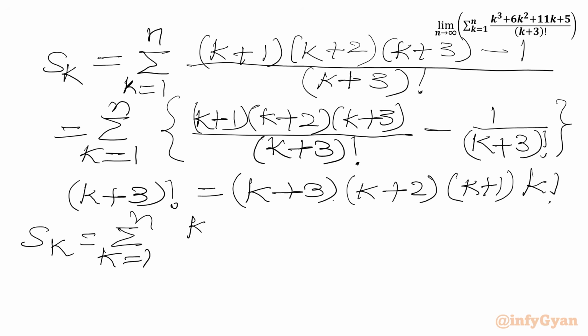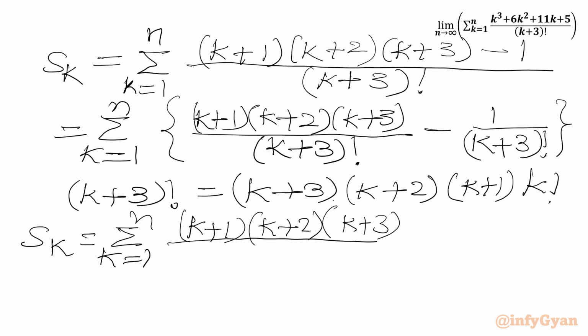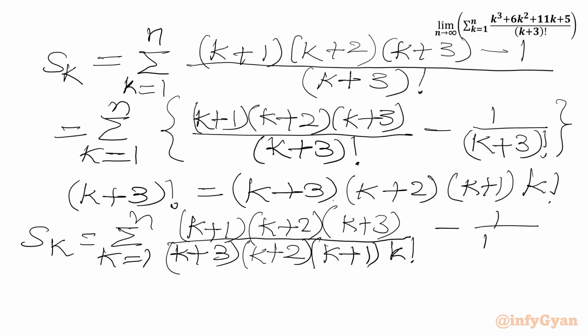We'll be writing numerator k plus 1 times k plus 2 times k plus 3, and in the denominator we will use this formula and we will get k plus 3 times k plus 2 times k plus 1 times k factorial, minus 1 over k plus 3 factorial.